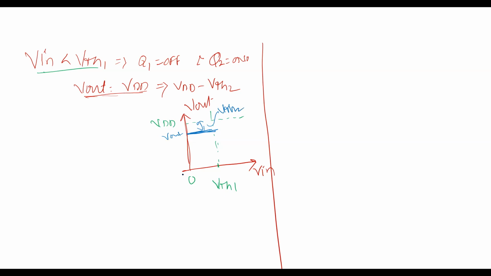Later, once your input voltage crosses VTH1, the first device's threshold voltage, the device switches on, and the output voltage decreases like this. That is what we want to discuss here. Whenever the input voltage is greater than VTH1, your Q1 is on.